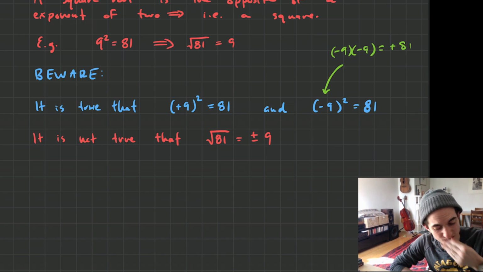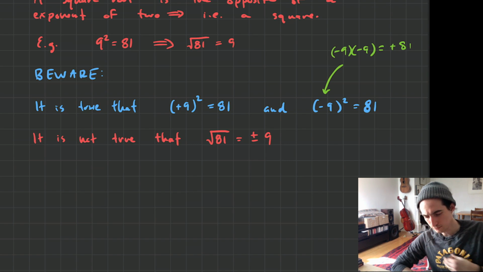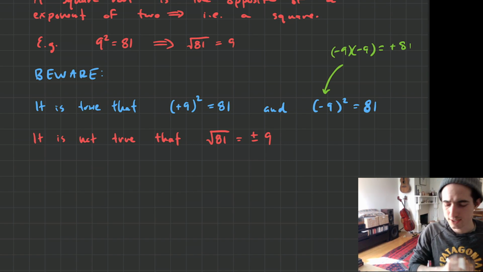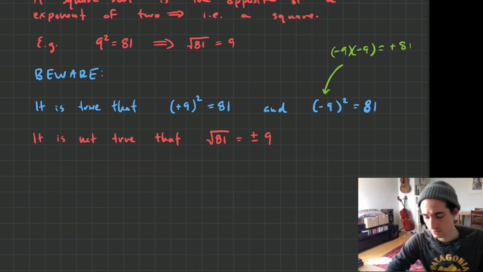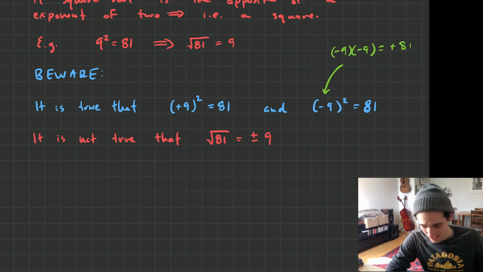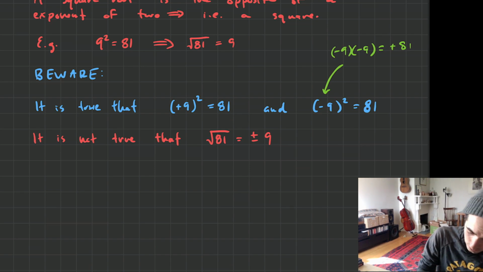So people often think that the square root is saying, okay, the square root of a number is all of the values whose square is 81. That's not true. So I want to be very clear that this is not true.